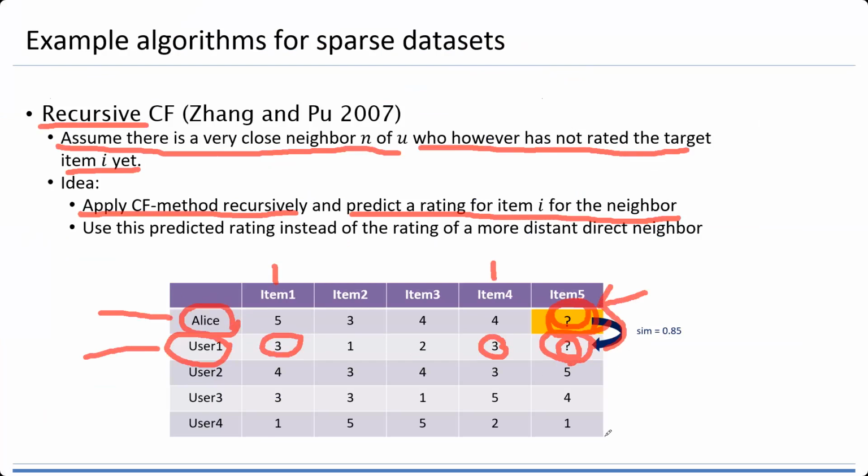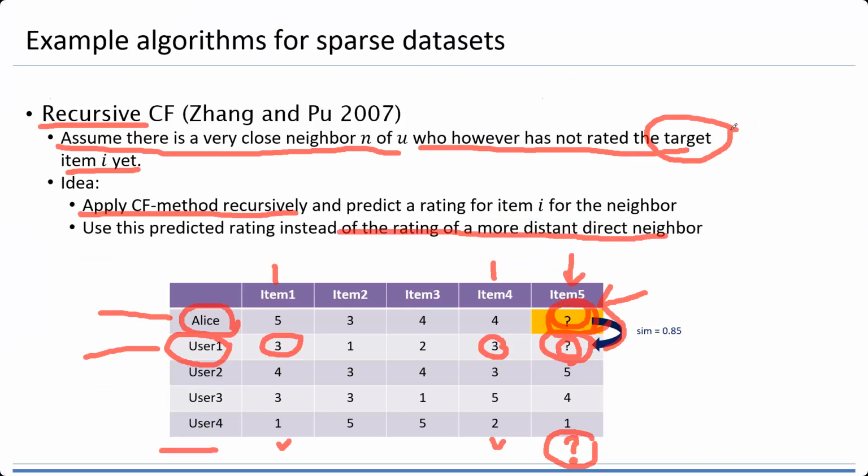And if there is some other user who does not have a rating on item 5, I can do it again with item 1 and item 4 of that user to predict the rating of item 5. We call this the target. So use this predicted rating instead of the rating of a more distant direct neighbor, because I already have this one.